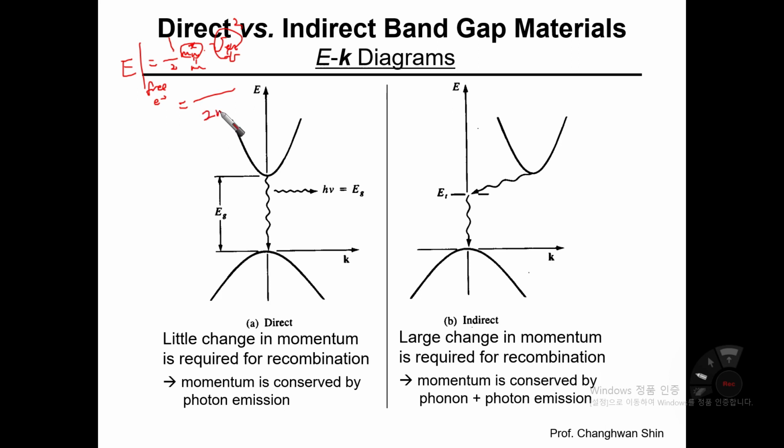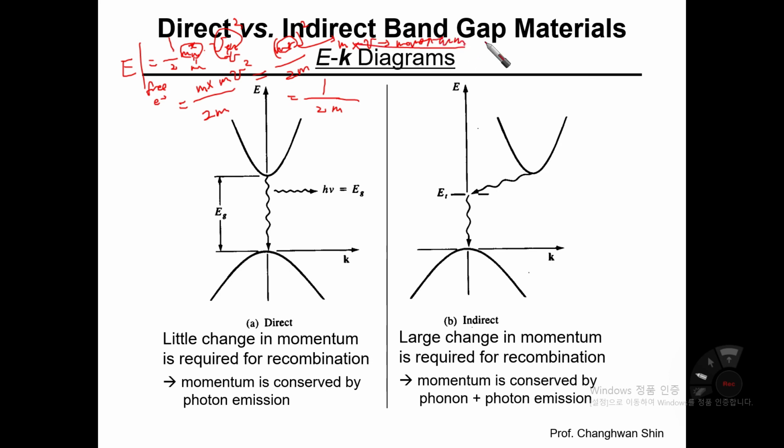And we can convert, rewrite the equation again: E equals (mv) squared over 2m, and mv means mass times velocity, which indicates the momentum, right?